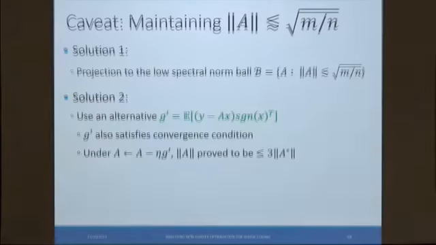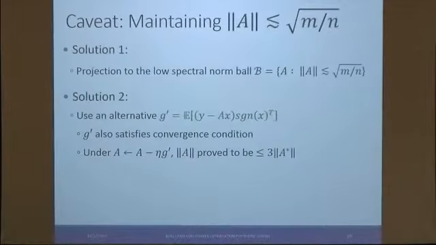It's still correlated with the desired direction, AI minus AI star. And if you use this update rule, you can prove that AI is always less than 3 times the spectrum of A star. Because this update rule is simpler and more robust, you can prove something stronger.